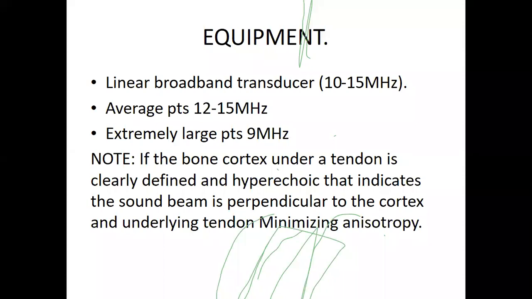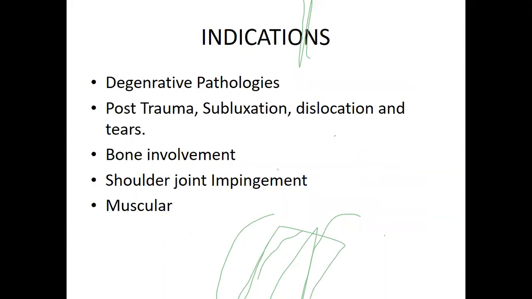This is due to failure of the ultrasound beam to hit the tendon or the muscle at right angles. This anisotropy may mislead you to think there is a tear, or there is fluid, or there is a cyst. So anisotropy is a pitfall in musculoskeletal ultrasound.